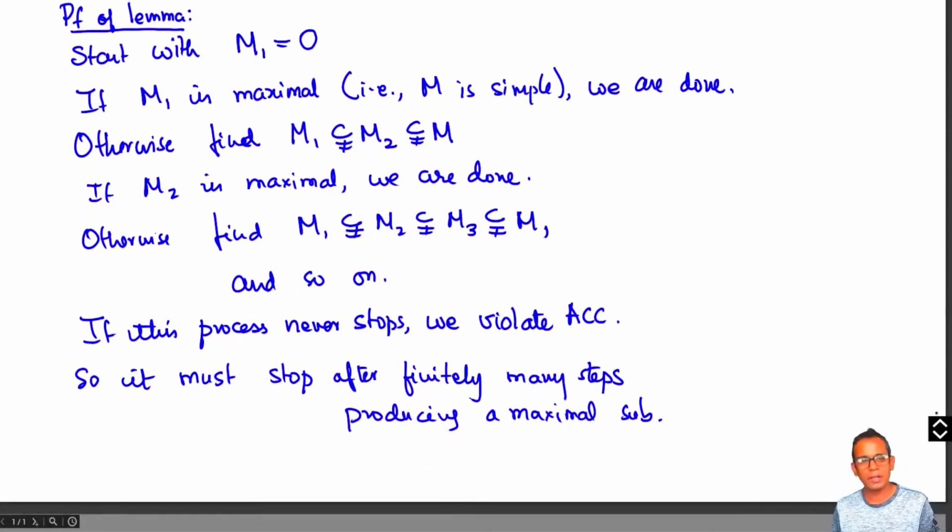Okay, so this is how we prove that every module which satisfies the ascending chain condition has a maximal proper submodule.